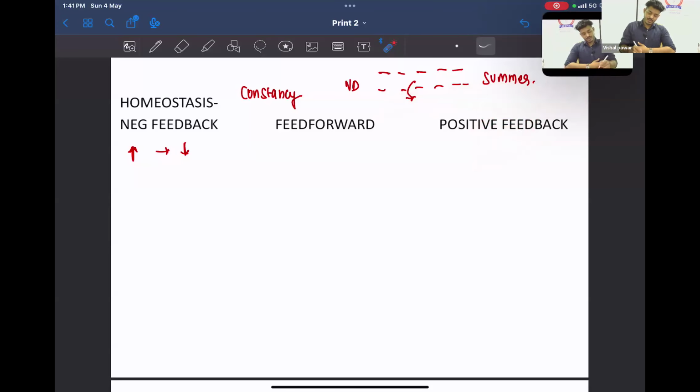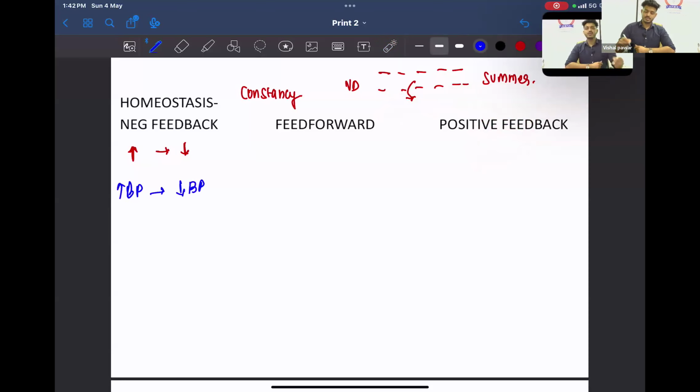You understand this, right? So this is a type of negative feedback. That means an increase in something will lead to a decrease in something. Like if your BP is increased, your body will automatically decrease the BP. This is the negative feedback.